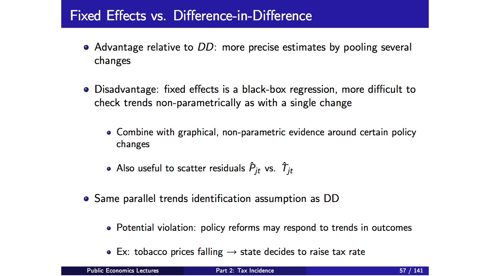And it's important to keep in mind, fixed effects has the same parallel trends assumption as difference in difference. As we just talked about, a potential violation is if policy reforms respond to trends in outcomes. So for instance, if tobacco prices falling makes it easier for states to raise tax rates, then you can get violations of this assumption. So usually the diff-in-diff approach works well when you're looking at very high frequency changes.